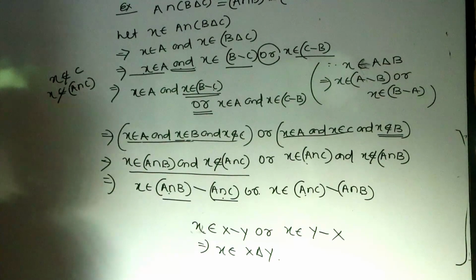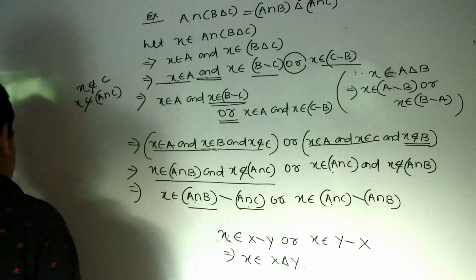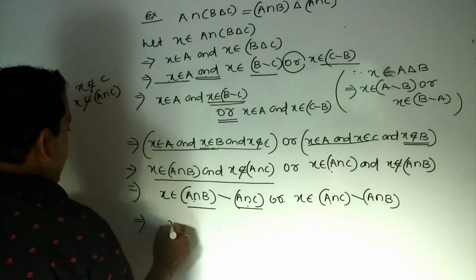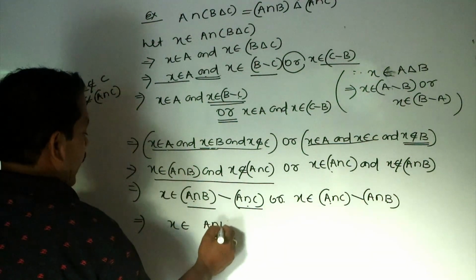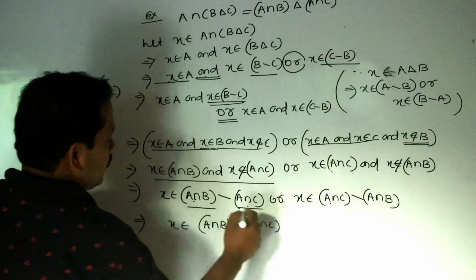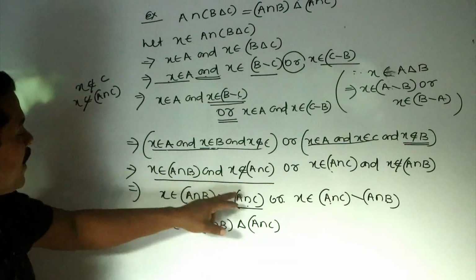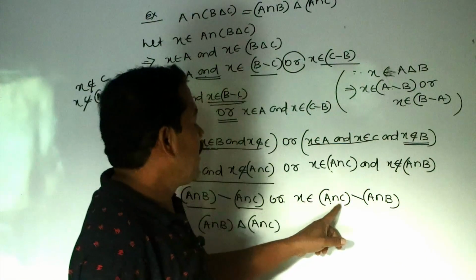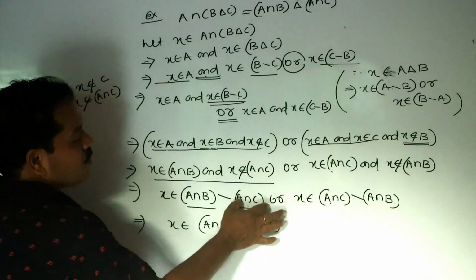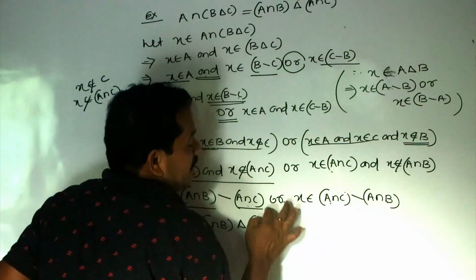In this way we can write x belongs to A intersection B delta A intersection C. X belongs to this difference, this union, A intersection C difference A intersection B. If it is X, it is Y. This is X difference Y, this is Y difference X. Here it is OR.